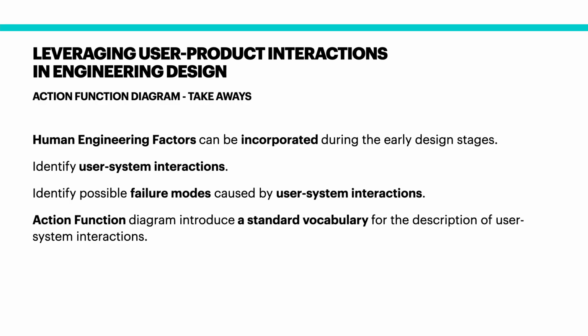Second, using this approach, people without any experience in human factors can identify user-system interactions. And therefore, we can identify possible design failures or problems in the device because of such interactions. And most important, we will be using a standard vocabulary to describe these user interactions.